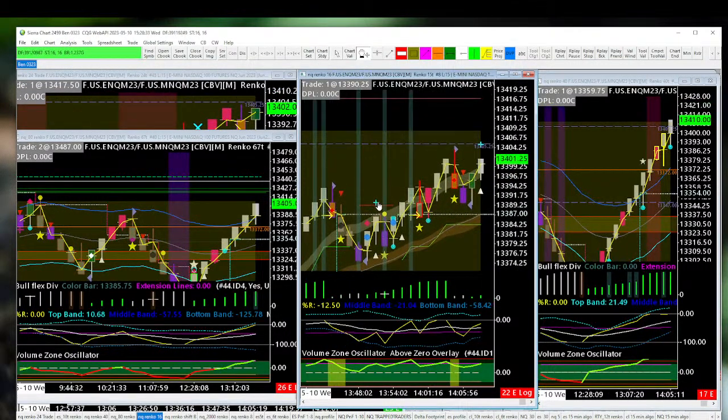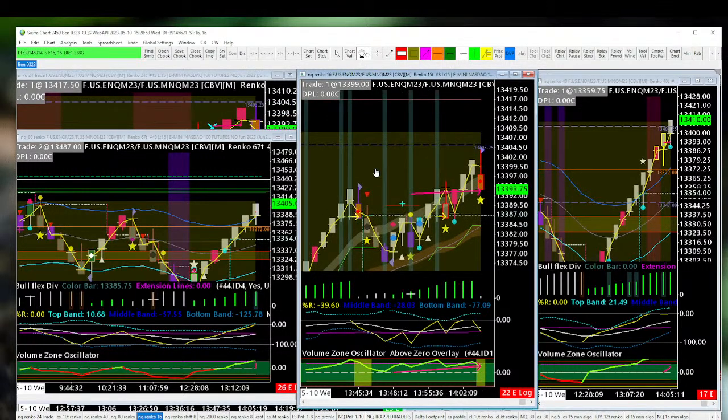So this is the less good divergence, where you have a touch, a pullback, another touch, and then a push, right? So right here, this is the weaker one.